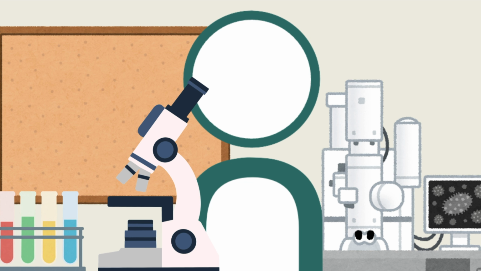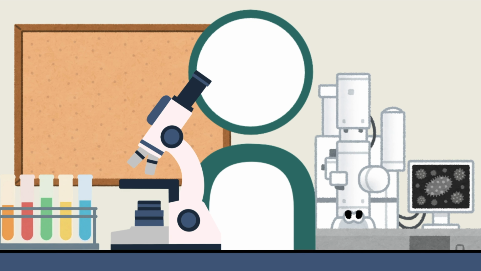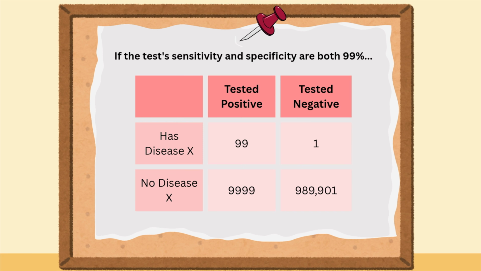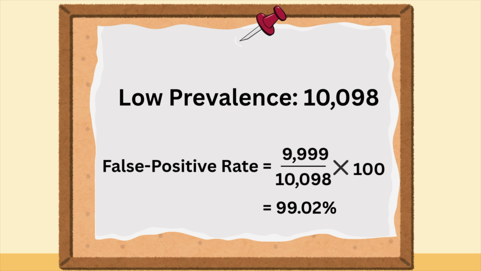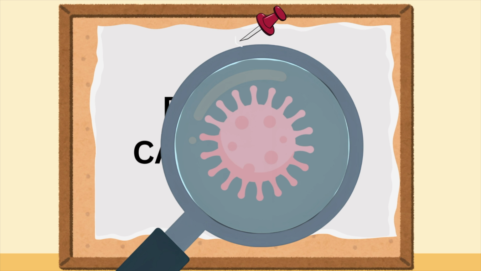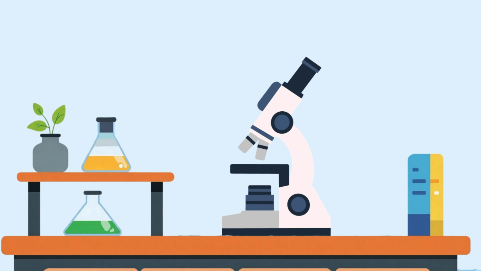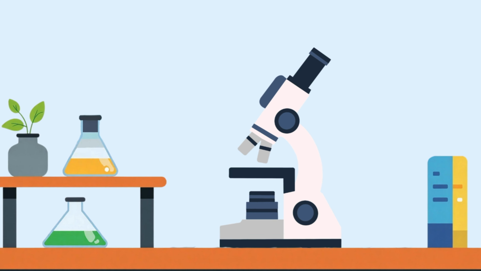If the test sensitivity and specificity are both 99%, then the distribution of cases is shown like this. We can see that when the prevalence is low, the false positive rate is very high. If you apply a Bayesian calculation, your odds of infection are about 1%. Highly accurate tests can be deceptive if diseases are rare, highlighting why base rates matter.